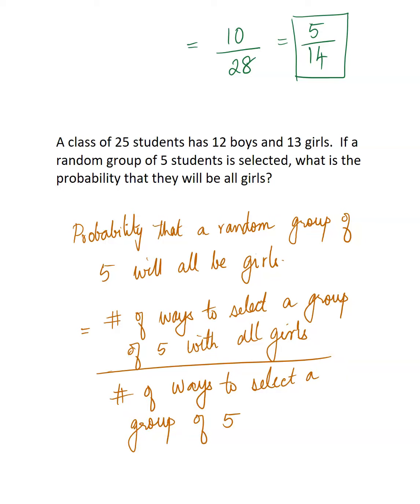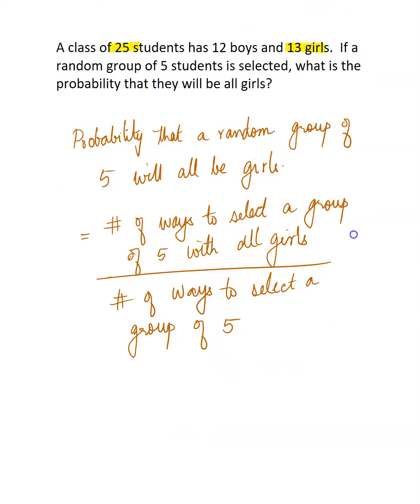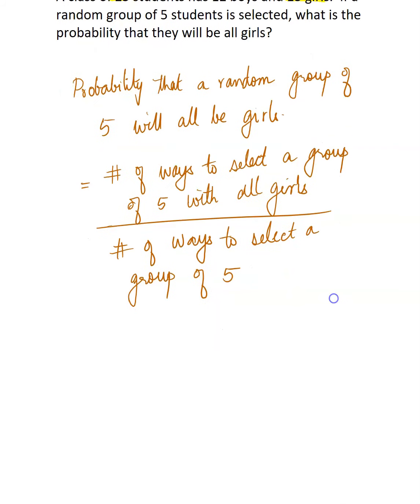For that, I go to the problem and I say, okay, out of the 25 students, there are 13 girls, right? So out of the 13 girls, you want to create groups of 5, because that's how you can get the desired group of 5 with all girls for the numerator. That's a number of ways. The question is not the number of ways, the question is the probability.